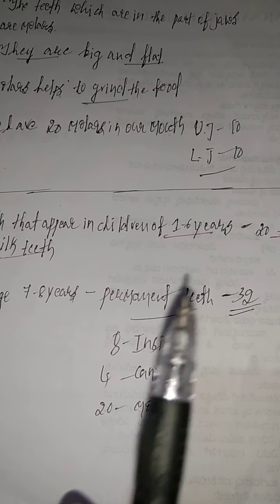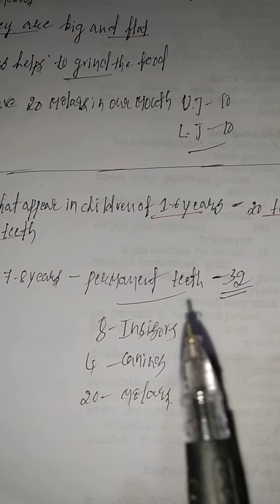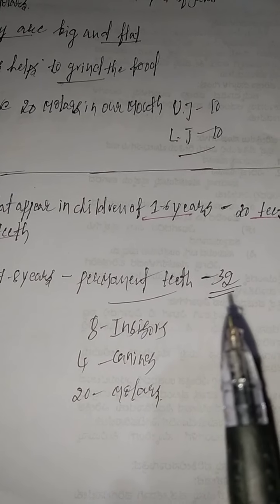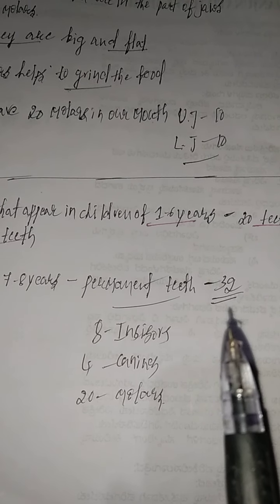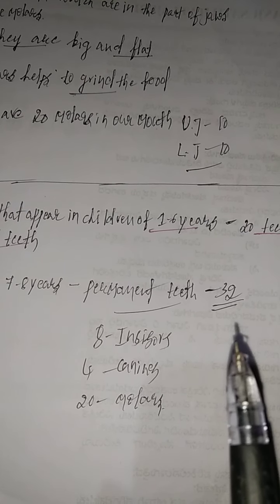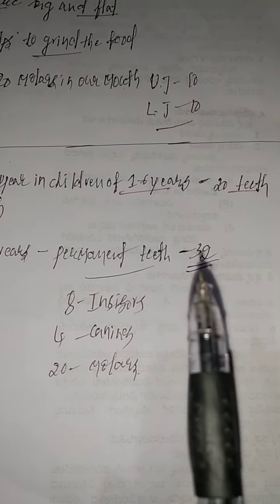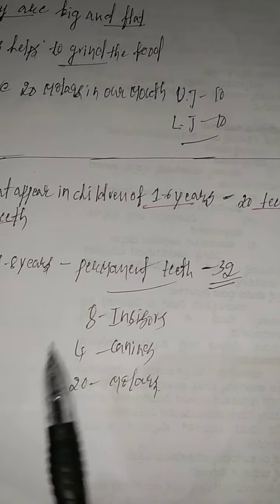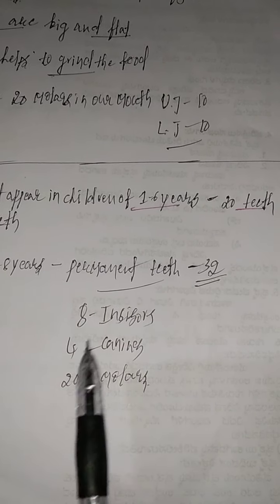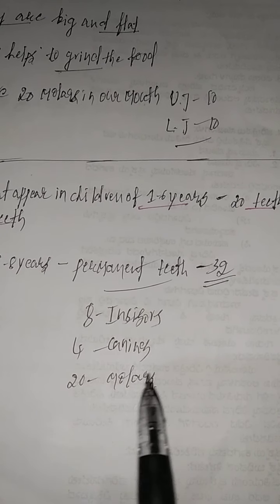The new teeth that appear are called permanent teeth. If permanent teeth fall, they will not grow again, so we have to protect the permanent teeth. An adult person has 32 teeth in their mouth. Among them, 8 are incisors, 4 are canines and 20 are molars.